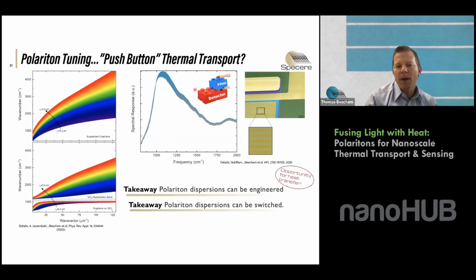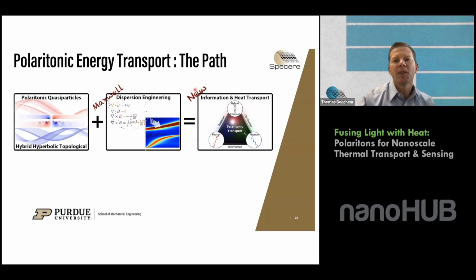Okay, so what are the takeaways? We can really engineer these dispersions. We can also switch these dispersions. We can do all of this in a system that scales the right way with devices. So let's go ahead and do it. What my group's going to be working on is designing not just materials that have polaritons by themselves, but actually making thermal metamaterials.